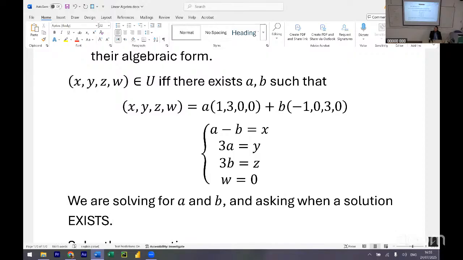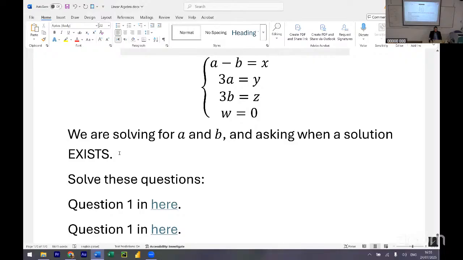We don't care here about A and B. These are the coefficients from before. We just want to know when they exist, because if there exist A and B, then x, y, z, w is in U.